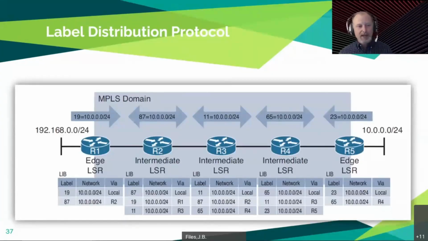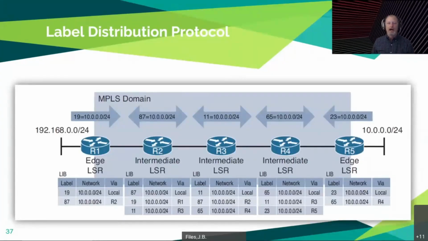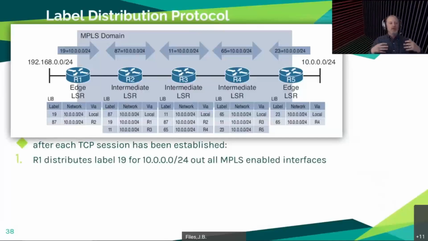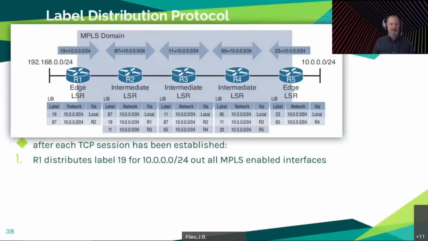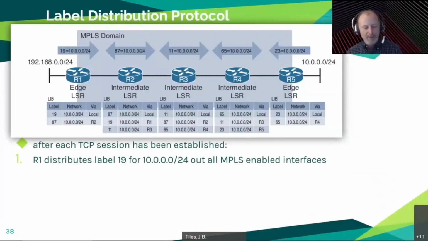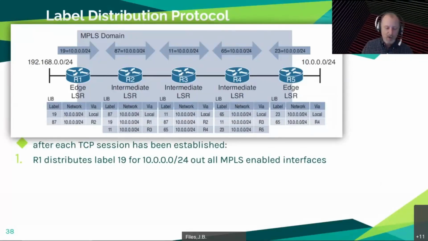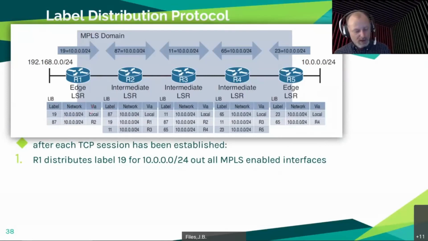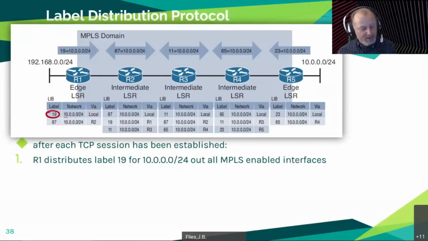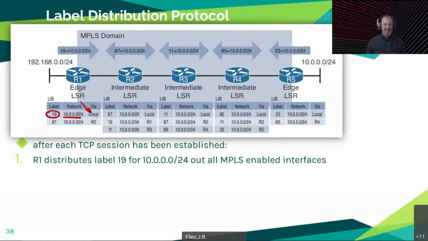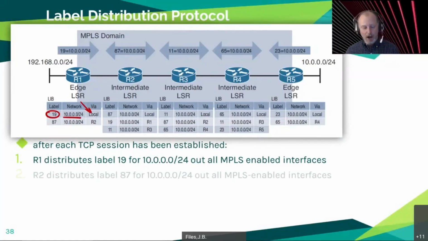So again, here's the MPLS domain, and we've set up the TCP session. R1 is talking to R2. R1 picked label 19 for the 10 dot network. That's why it's local. That's its ID number for 19.